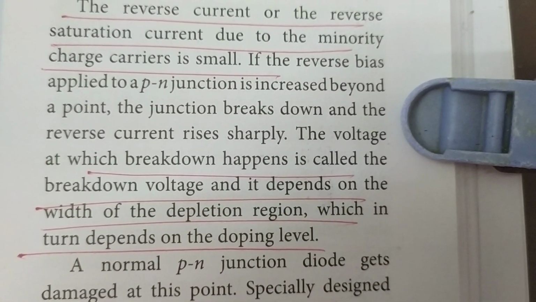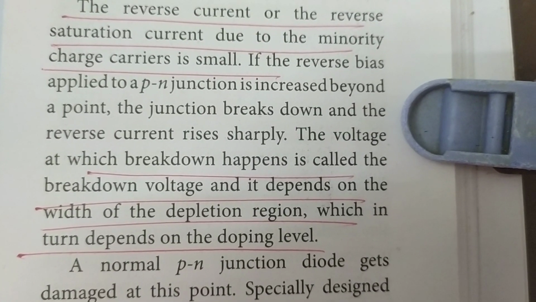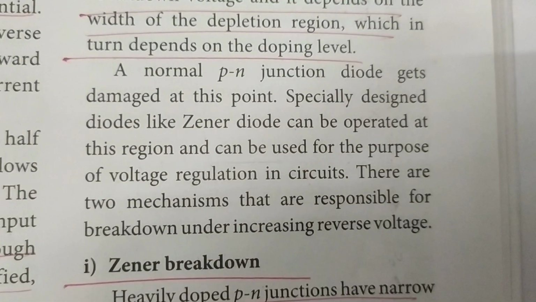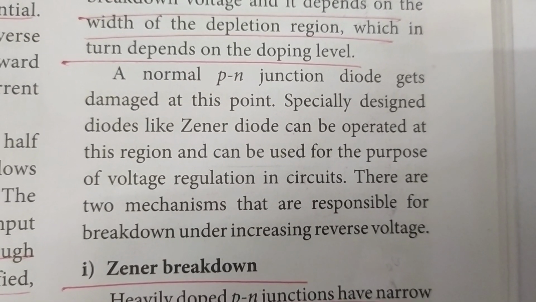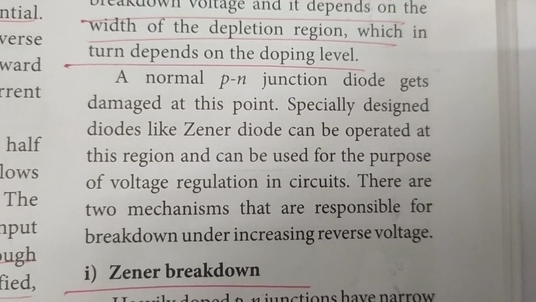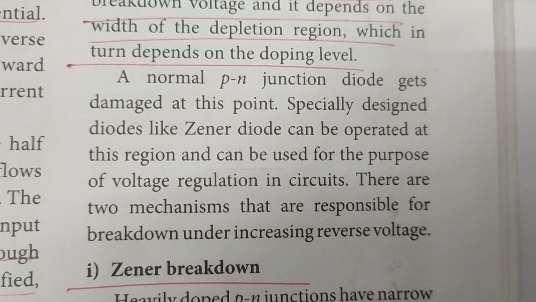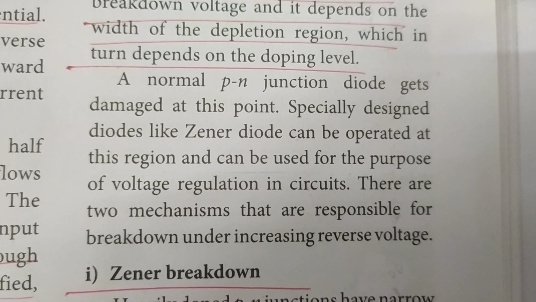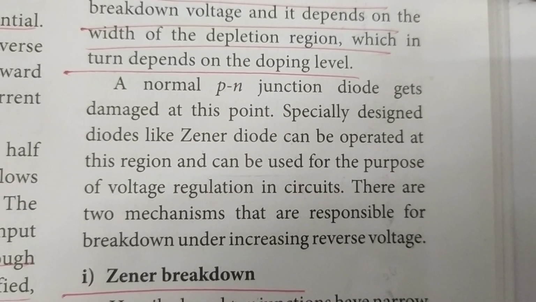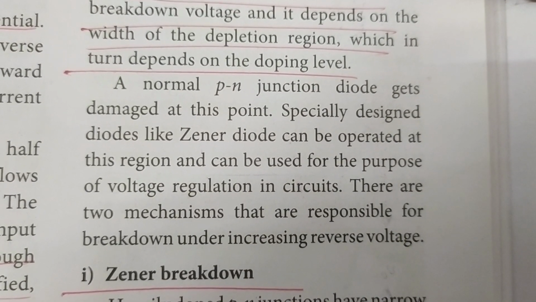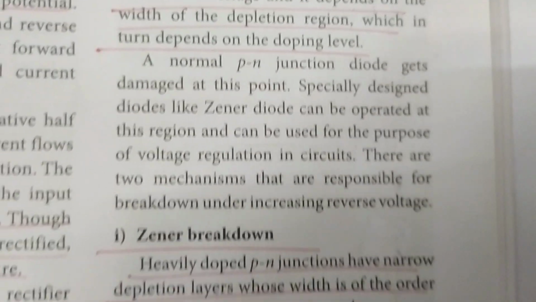Doping means adding of impurities to the P-type and N-type. Beyond a certain voltage, the diode will break down, that is, complete damage to the diode will happen. But specially designed diodes like the Zener diode can be operated in this region and can be used for useful purposes.